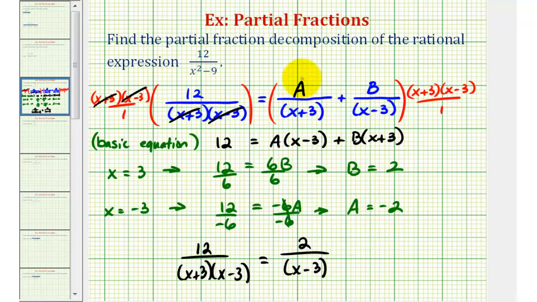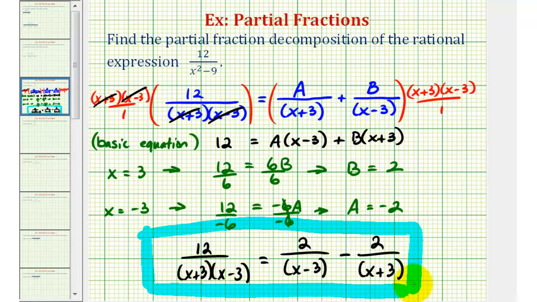And then because a is negative 2, instead of writing plus negative 2, we'll write just minus 2 divided by the quantity x plus 3. This would be the partial fraction decomposition of our rational expression. Meaning if we subtracted these two fractions by obtaining a common denominator, we would end up with the fraction on the left.